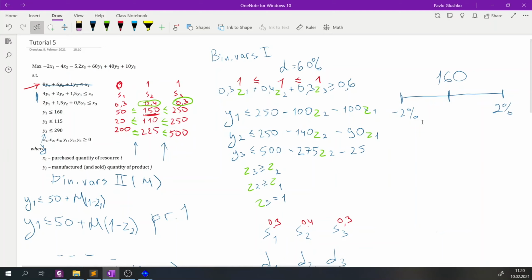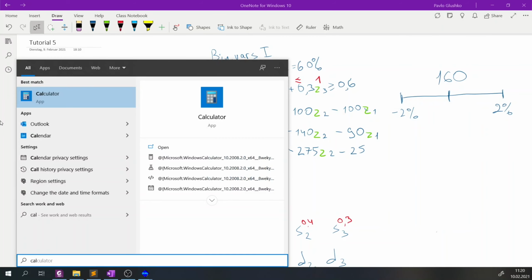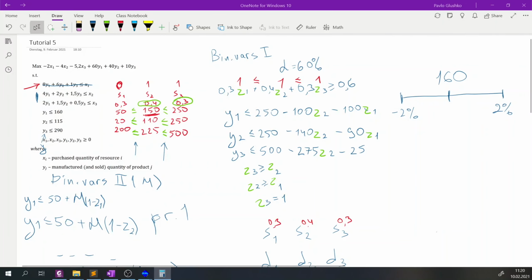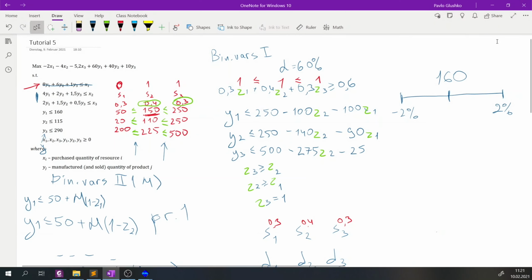So it fluctuates from 160 multiplied by 0.98, that is 156.8, to 163.2. So it can be any value in this range.